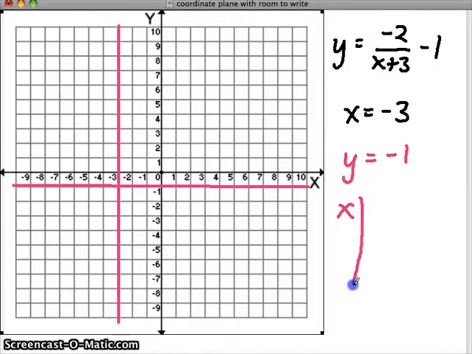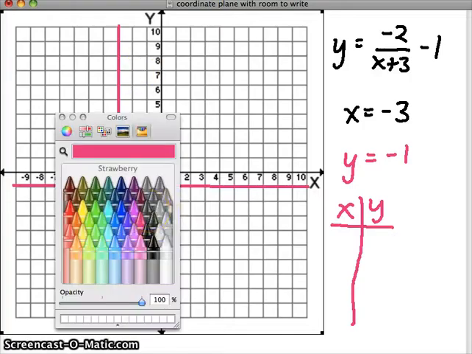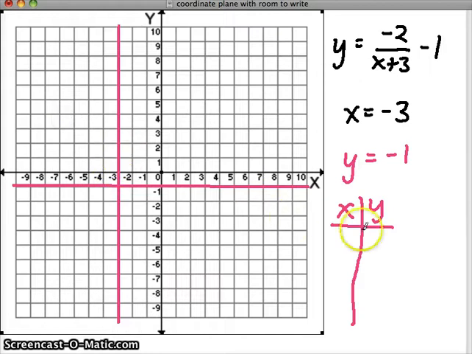Let's come up with an xy table. Remember, you can use an xy table anytime you don't know tricks to graphing. If you just use an xy table, substitute a value for x and get an output, you should always be able to graph a function regardless of what it is. So my tip for you is to use values that make this really easy.